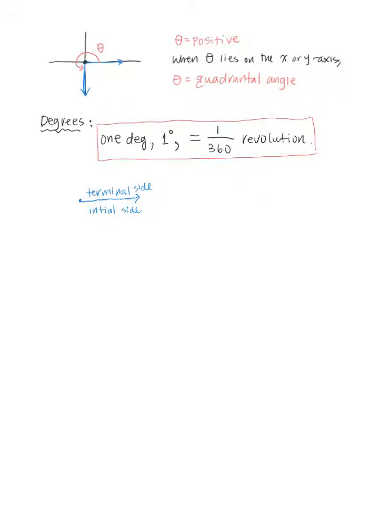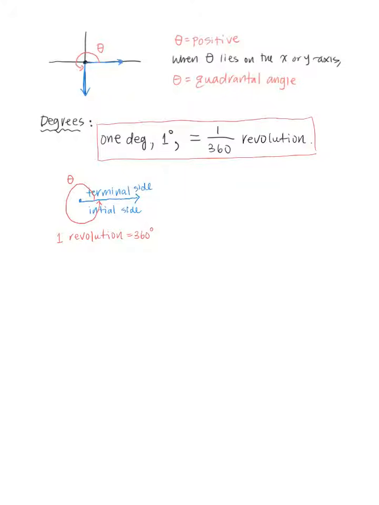And then our angle theta is going to start from the initial side and end on the same line. So in this case, let's just call this theta again. In this case, 1 revolution is nothing but 360 degrees.